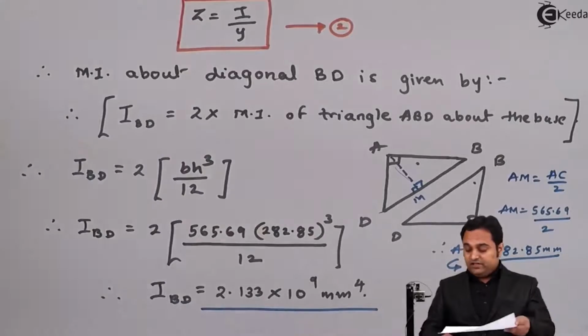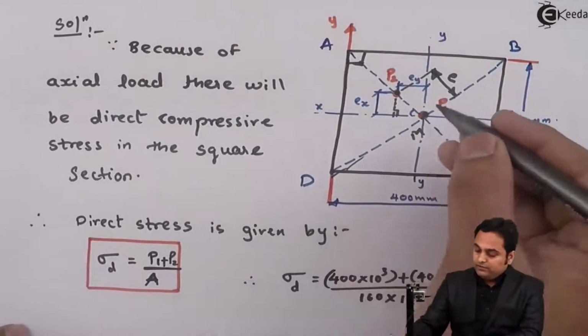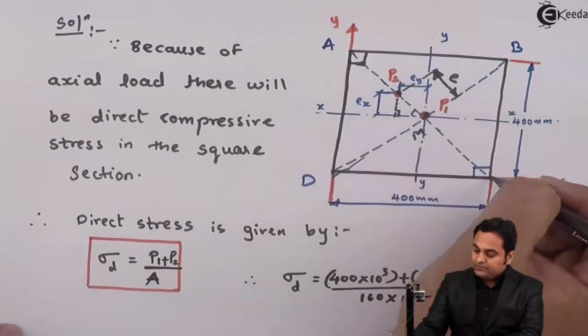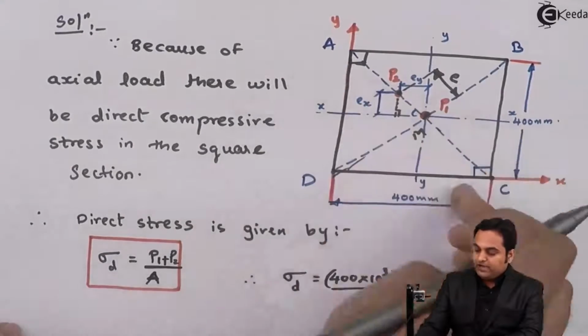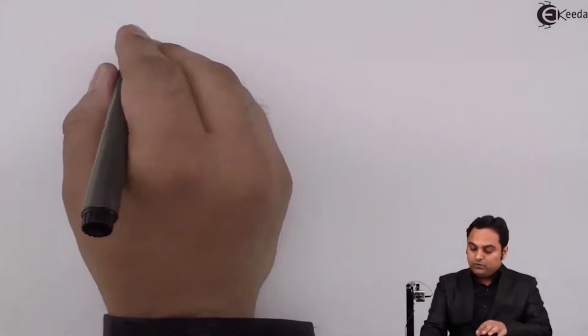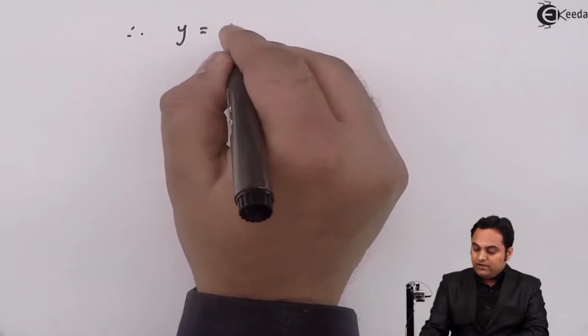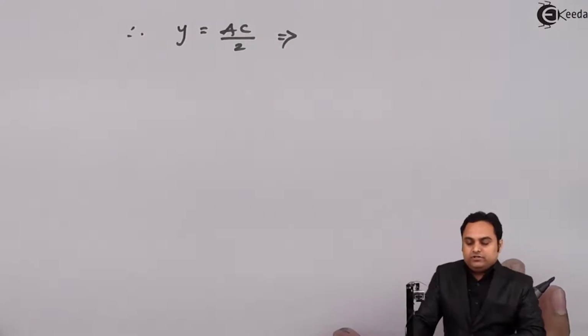Since I have calculated it about the diagonal, the distance of this diagonal with respect to the corner is the value y. It will be half of AC, or even if we take half of BD, that is also correct.